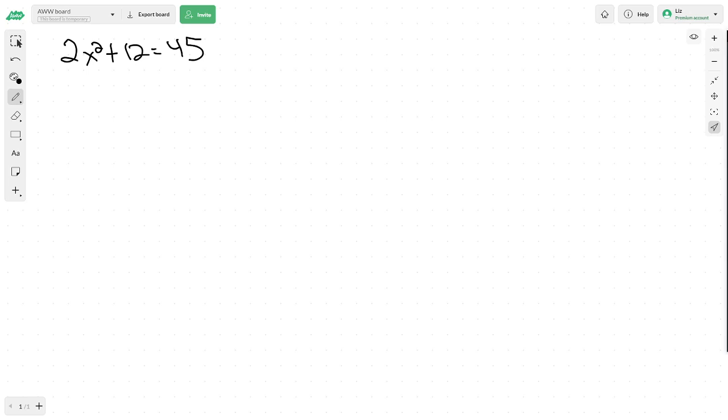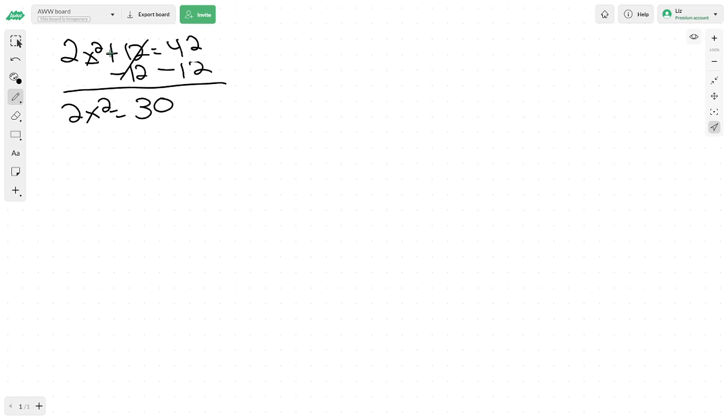Alright, so in order to use the square root property on this, I want to get this x squared by itself. So I'm going to subtract 12 from both sides. This is supposed to be 42. Alright, subtract 12 from both sides, and I get 30 here.